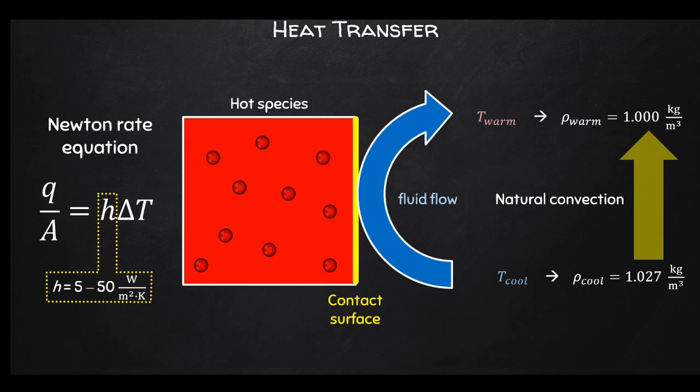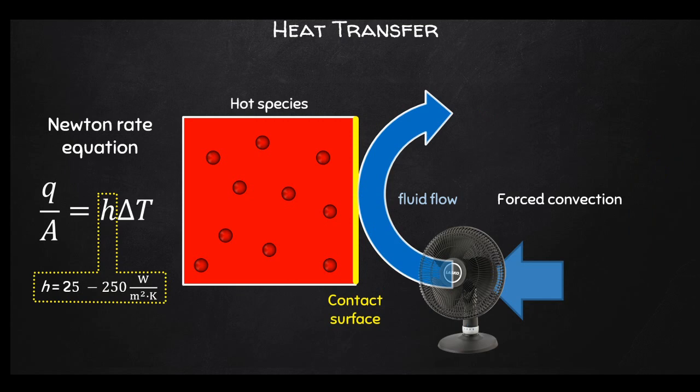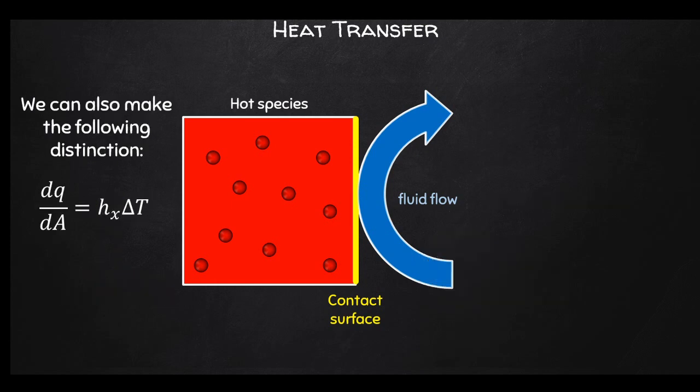Note the difference in units here compared to thermal conductivity. And beware, thermal conductivity's units are watt per meter Kelvin. If I force the air past the contact surface, then the heat transfer coefficient takes on much higher values. If I'm using a liquid, for example, these values will be higher still.